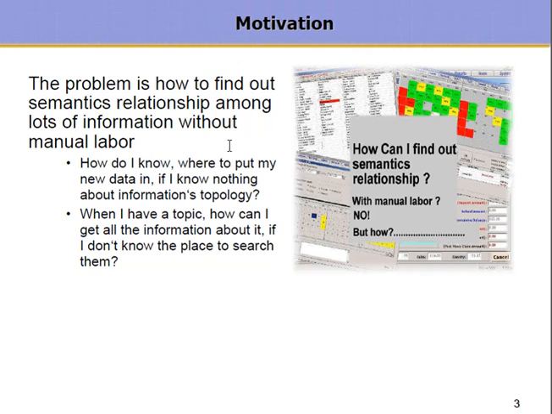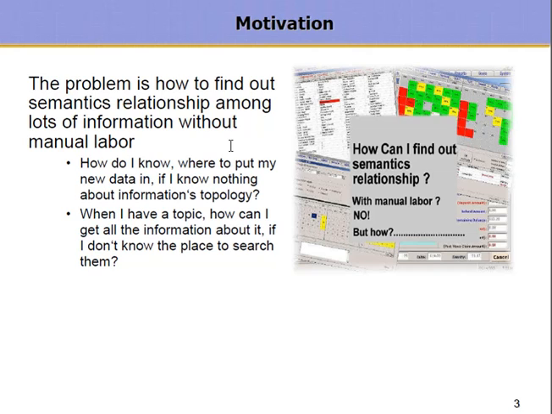So how do I know where to put my new data if I know nothing about the information's topology, right? If I don't know the basic characteristics or the basic connections between the existing data, then it will be difficult for me to put my new data or my unknown instance into the existing data.